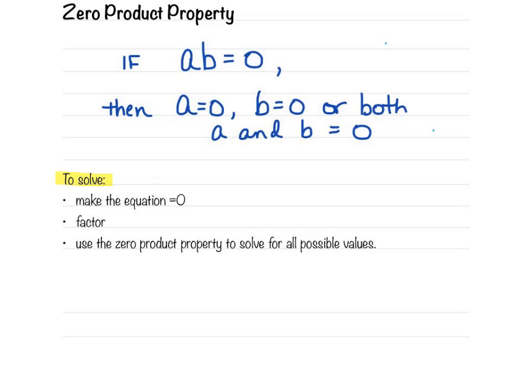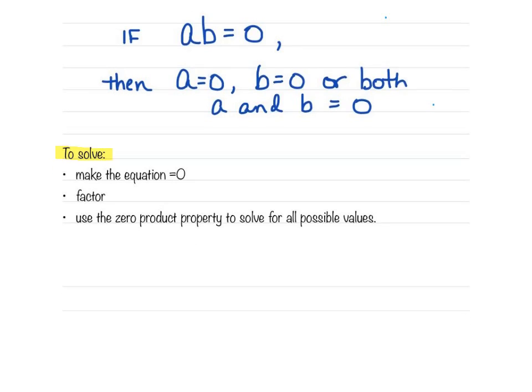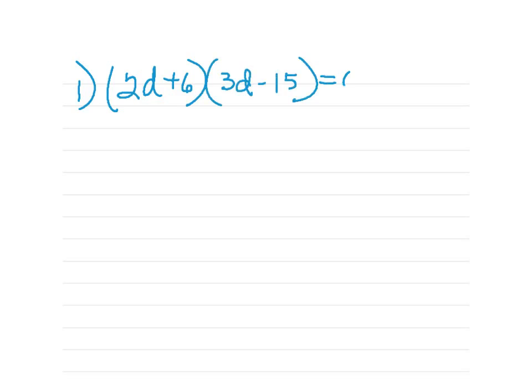Okay, let's practice. Number 1. I have 2d plus 6 times 3d minus 15 is equal to 0.